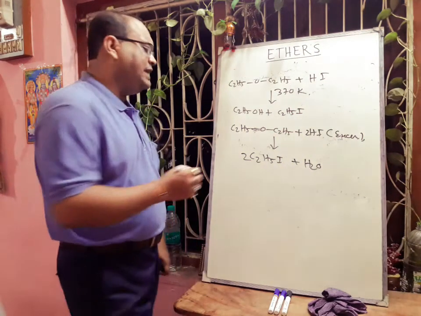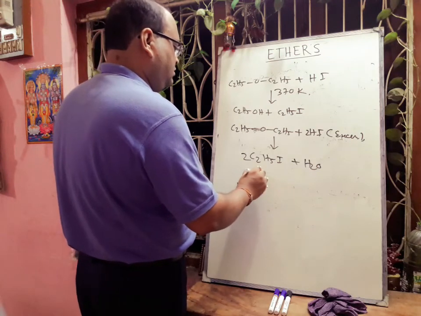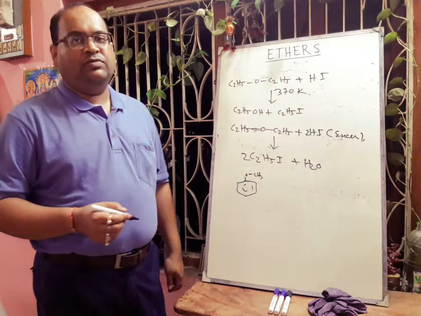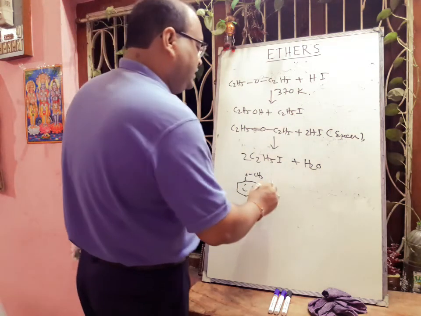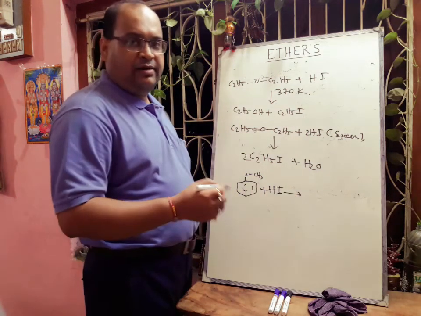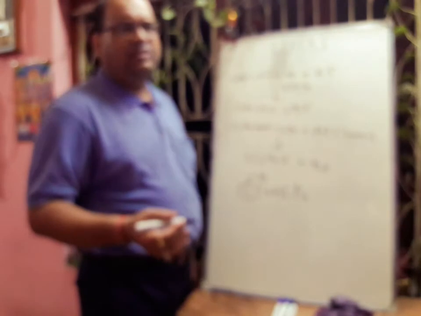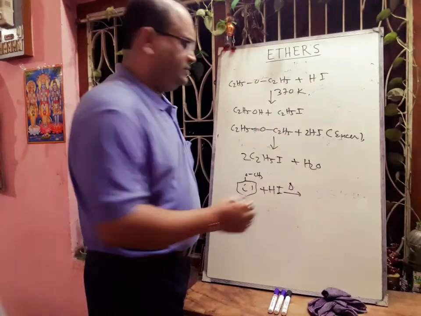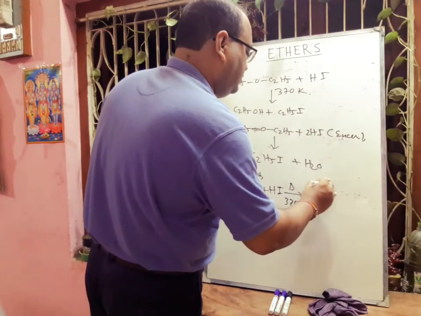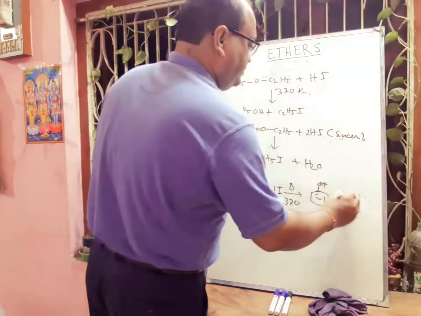Now if we take anisole, here oxygen is attached with an alkyl group. Here if we add HI, in presence of heat, temperature around 370 Kelvin, there will be formation of phenol plus methyl iodide.